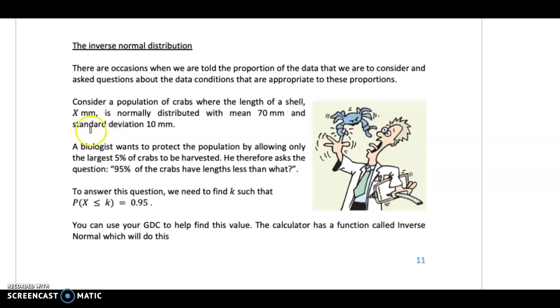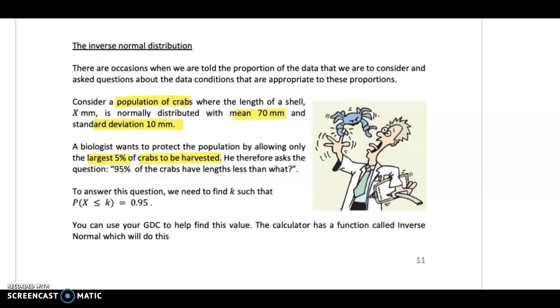Two examples that we're going to see. Let's consider this population of crabs, where the length of shell x millimeters is normally distributed with a mean of 70 millimeters and a standard deviation of 10 millimeters. A biologist wants to protect the population by allowing only the largest 5% of crabs to be harvested.